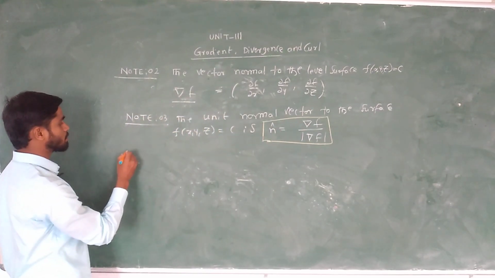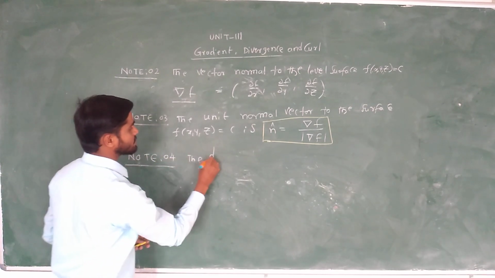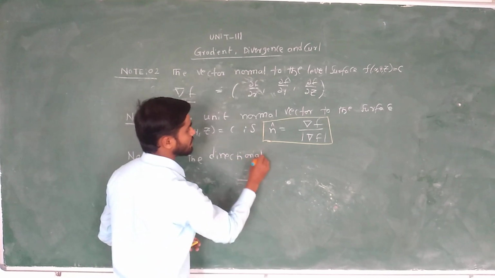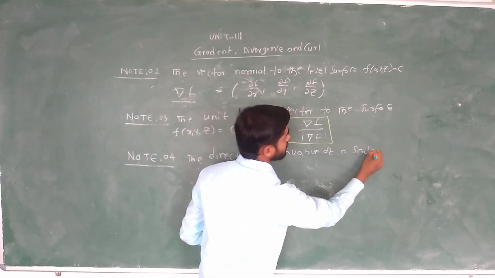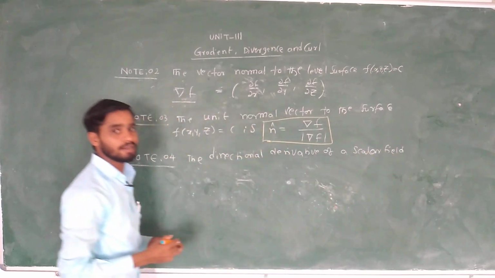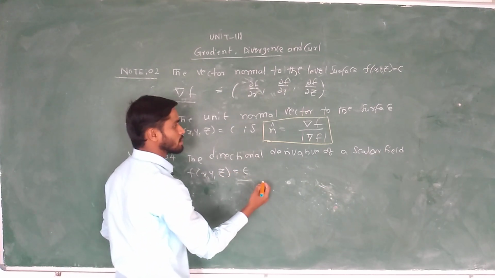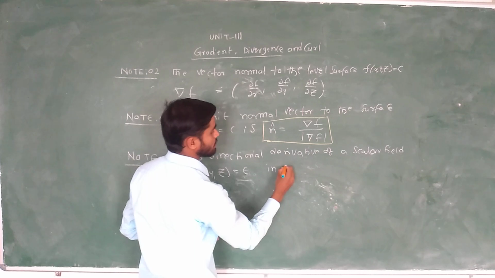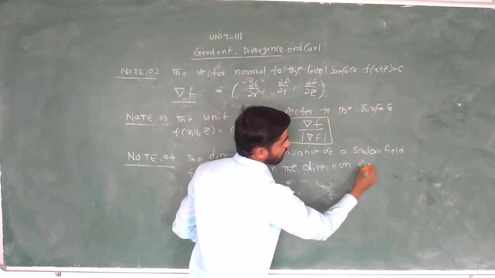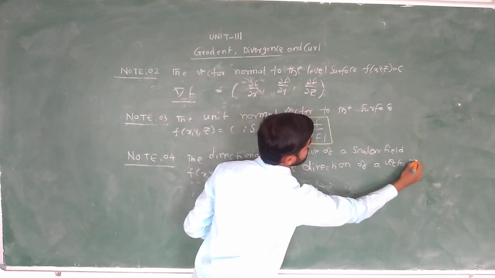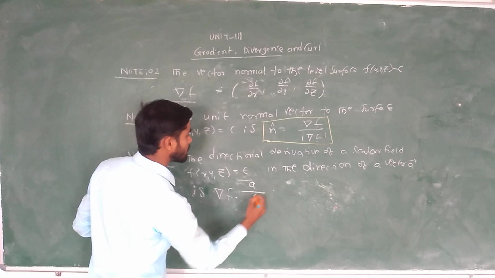Now next notice point, the fourth one: the directional derivative of a scalar field f of x comma y comma z equal to c in the direction of a vector a bar is del f dot a by magnitude of a.